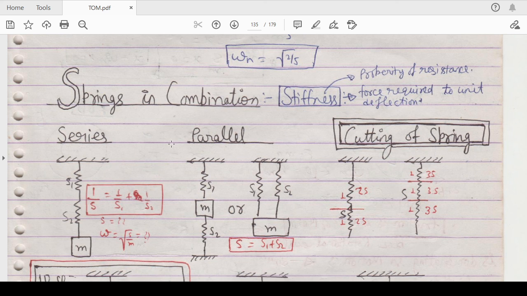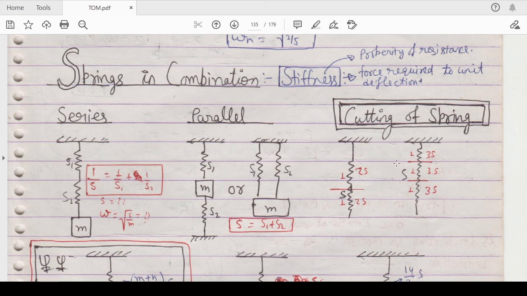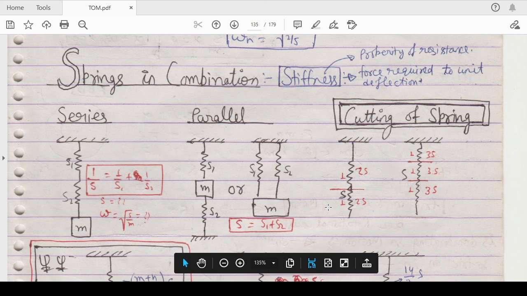Here we are going to discuss whether springs are in series, in parallel, or cut in perpendicular directions, and how you can calculate the spring stiffness.